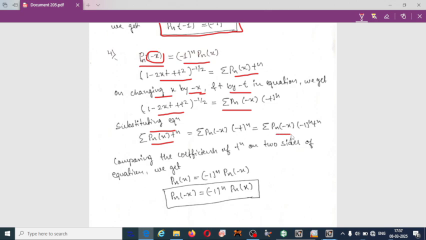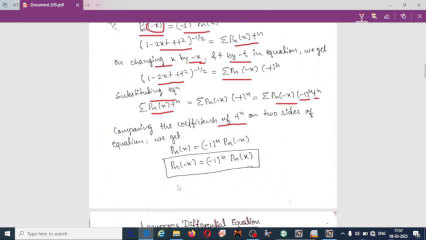We can do this like this: minus 1 to the power n we can take common, and t to the power n we can write. We equate the coefficients of t to the power n on two sides. On the LHS, the coefficient of t to the power n is Pn of x, and on the RHS, the coefficient of t to the power n is minus 1 to the power n Pn of minus x.